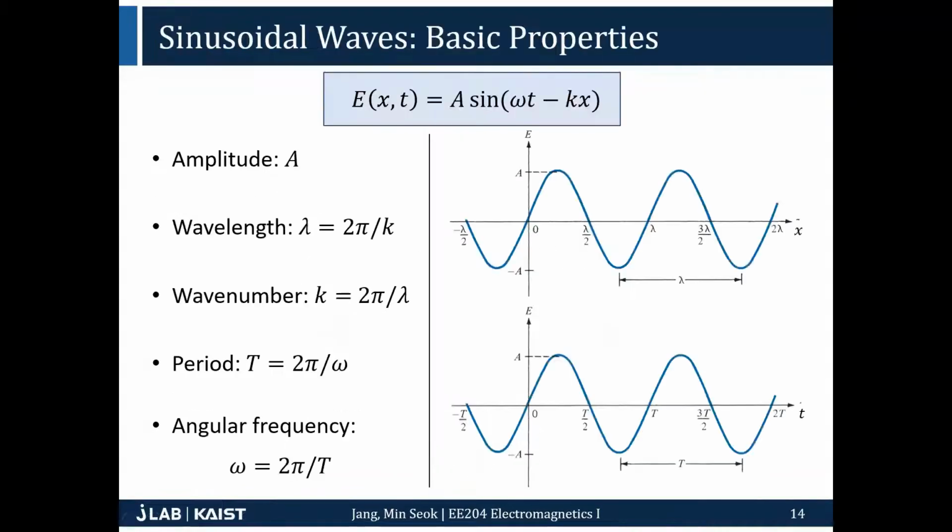And then we learned a few important definitions: amplitude of a wave, wavelength, wave number, period, and angular frequency, or I usually just call it frequency, okay? You should be very familiar with these concepts: wavelength, wave number, period, and frequency. These are important things.